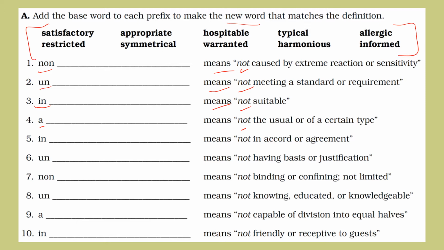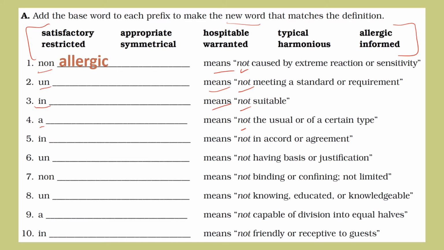For example, caused by extreme reaction or sensitivity. It's clear it's allergic. And since it is not caused by extreme reaction or sensitivity, it means non-allergic. So I added to allergic the prefix non.